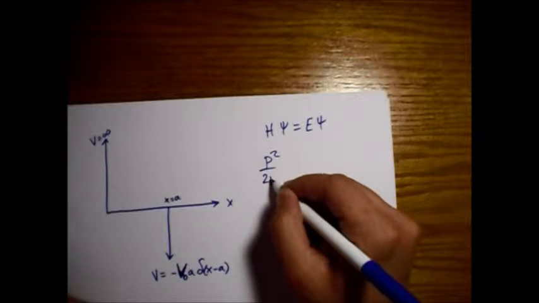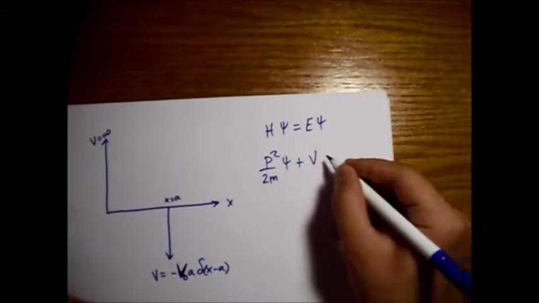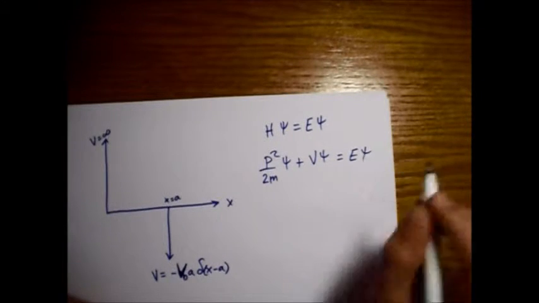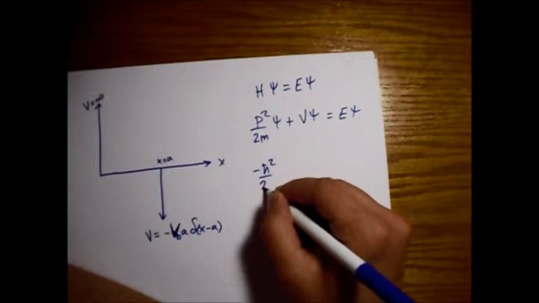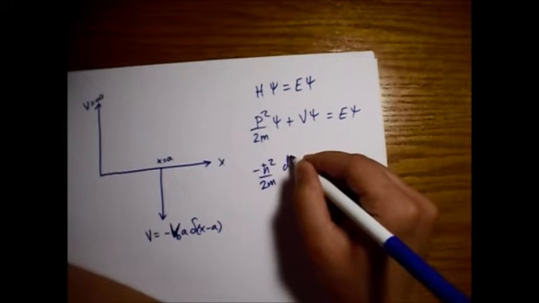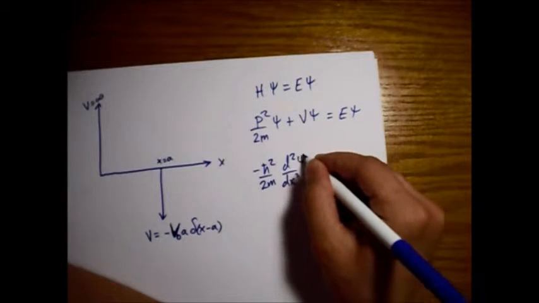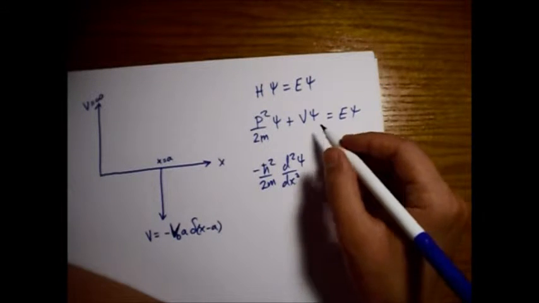The Hamiltonian is p squared over 2m plus V, and we have a minus h bar squared over 2m times the second derivative with respect to x, putting in the momentum operator.